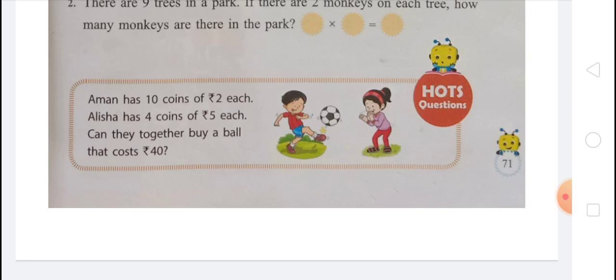When they put it together, they have 40 in all. So together they can buy a ball that costs rupees 40.